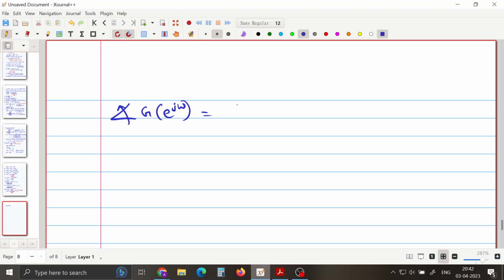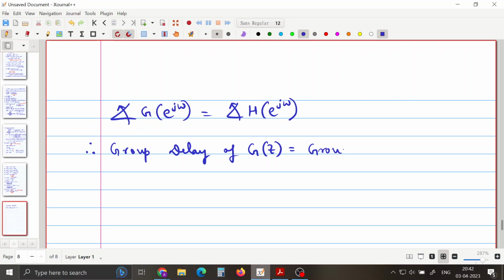Phase of G of e power j omega is same as that of H. So if the phase is equal, then of course the group delay will also be equal. So the group delay for H of z is same as group delay for G of z.